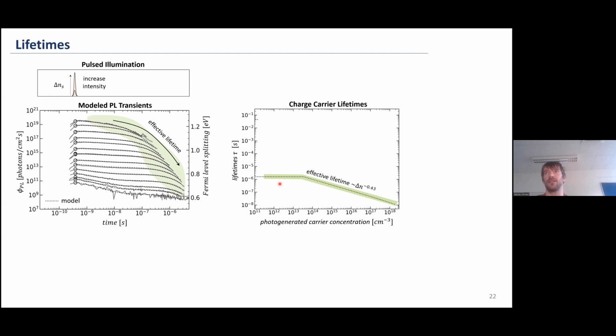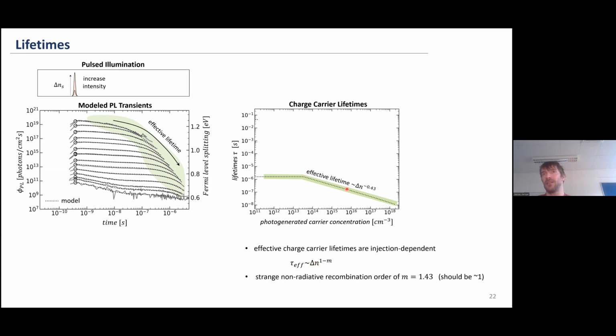If you have a look at these effective lifetimes, you can see that it's not just one lifetime, but it depends on the photogenerated carrier concentration. This power dependence is still puzzling me. It would correspond to a recombination order of 1.43 or so, which is not really in the textbooks.